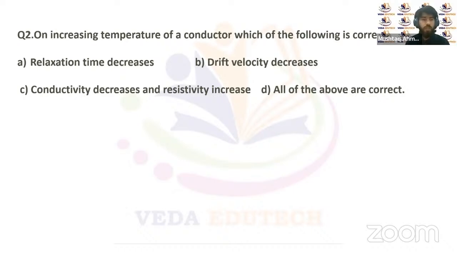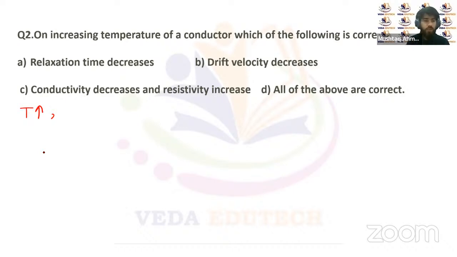Now, we know the relaxation time is the average time between two successive collisions of electrons in a conductor, right? So if the temperature is increased, what is going to happen? The thermal energy of the electron will increase.